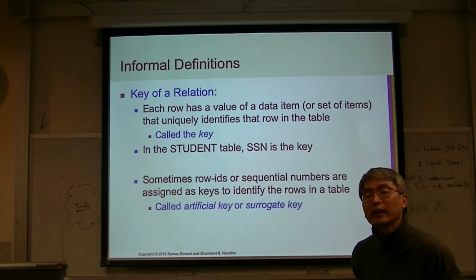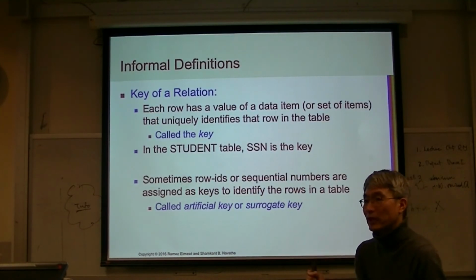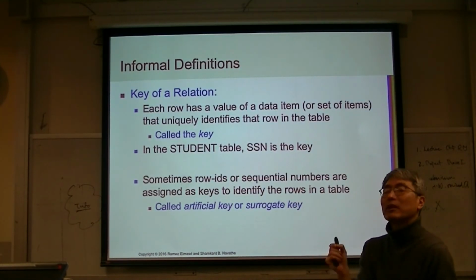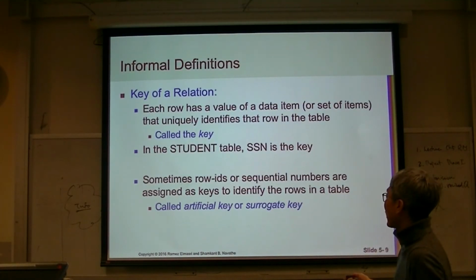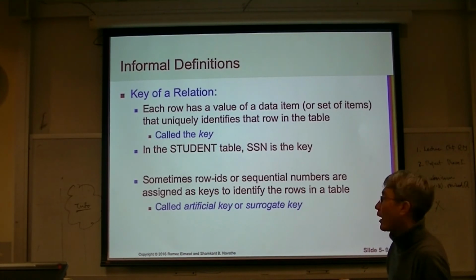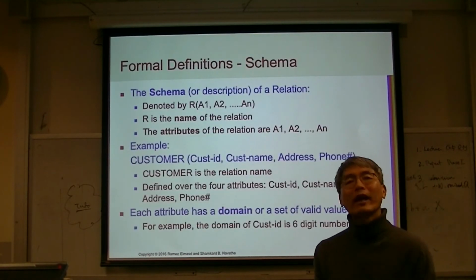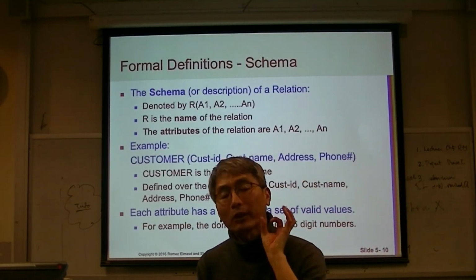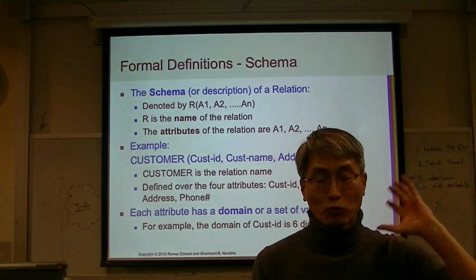Sometimes the key can be composite, like attribute A plus B. First name and last name can be the key, something like that. If you create a new key to identify, it's called an artificial key or surrogate key. So a relation has a key. This is really important. That is one of the differences from the ER model.